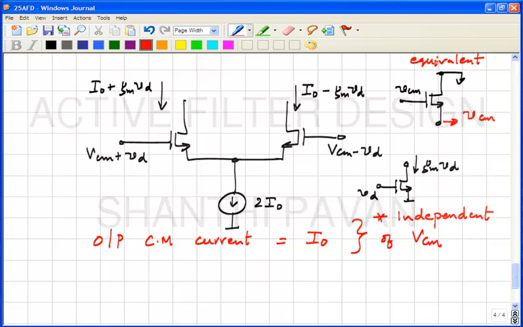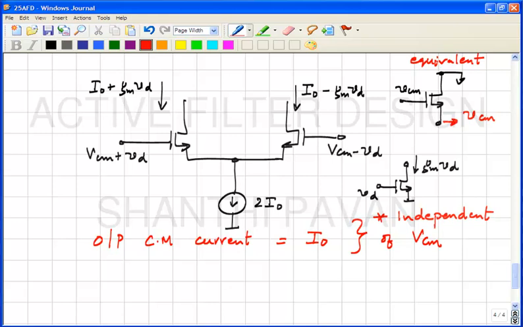Is that clear? And why is this independent of VCM? In other words, the differential pair, as we saw in the earlier classes, not only amplifies the difference, but it also has got common mode rejection, right? So in other words, it only amplifies the difference and is immune in principle to variations in the input common mode. Correct?